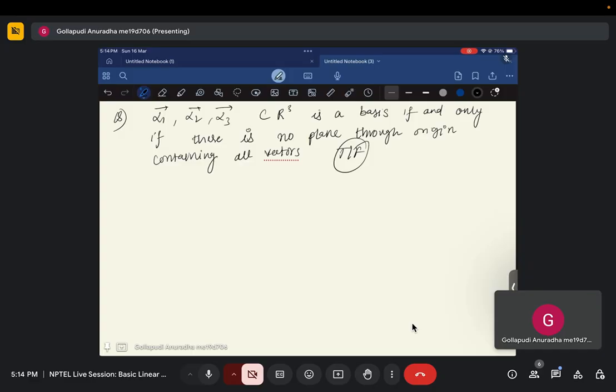I think it is true. So for example, if I'm taking ax plus by plus cz is equal to 0, and suppose I'm taking x is equal to 0 and y is equal to 1, and some examples like that, then I'll be getting b plus c into z.